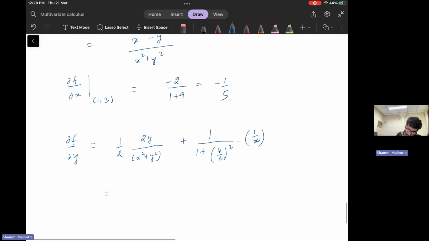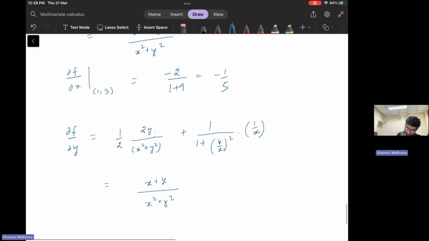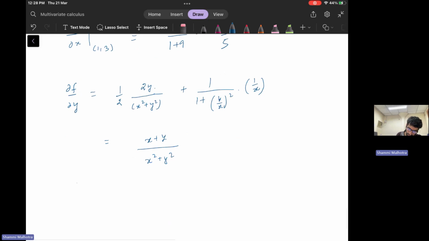So this is nothing but x plus y whole divided by x square plus y square only. And again, I have to evaluate this value at 1 comma 3, and that is 4 upon 1 plus 9. So 4 upon 10 is 2 by 5.